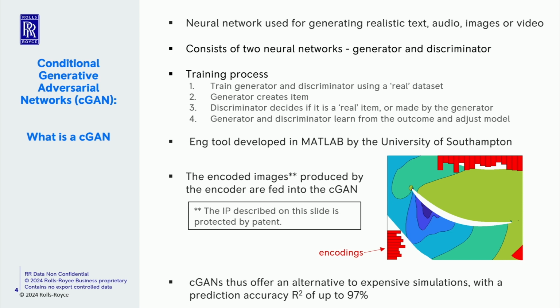That can be text, audio, images, or videos. And that's the technology behind the deepfakes we have seen in the media. The question is, how can we apply that technology to support design tasks in an engineering context?